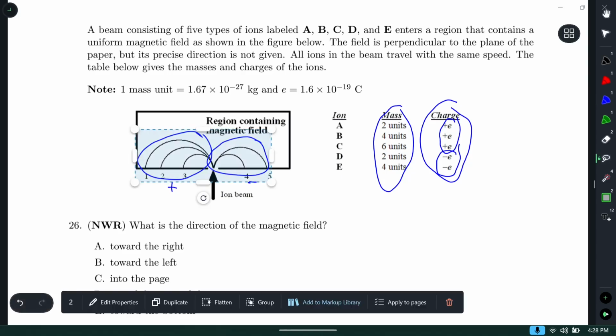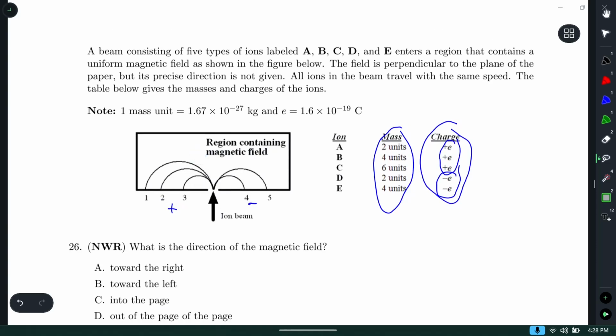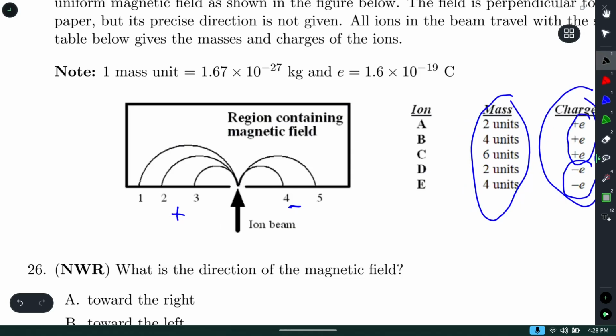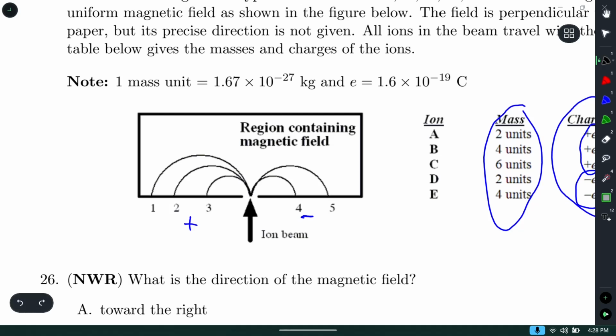All right, now I think about what would make something go to the left like that. Well, if I've got something going in a circular path, it must be feeling a centripetal or center-seeking force. And so positive charge is feeling a force to the left when it enters this region. Or by the time it's up here, it would feel it that way.